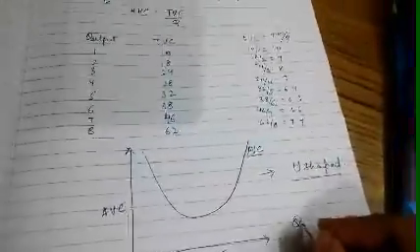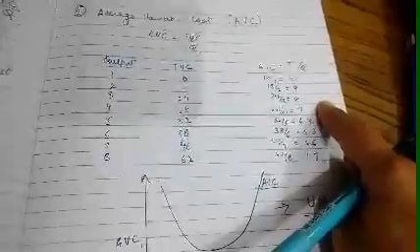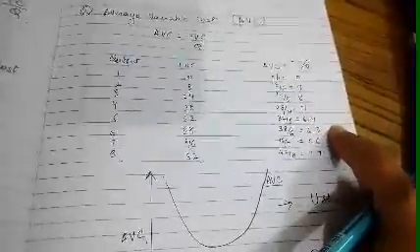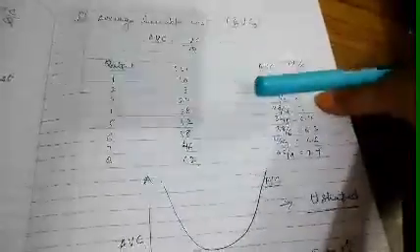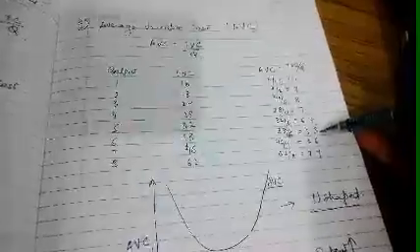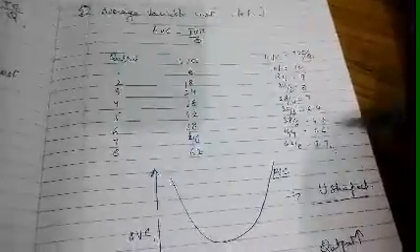So what do we conclude from here? As the output increases, average variable cost first of all decreases, up till here. Then after a point, it starts increasing.